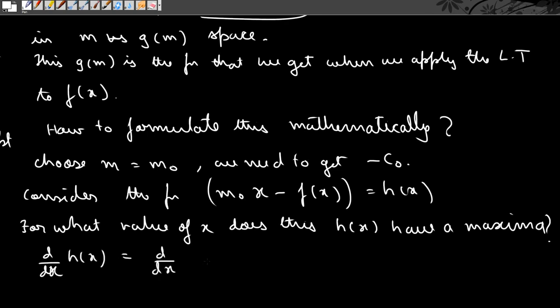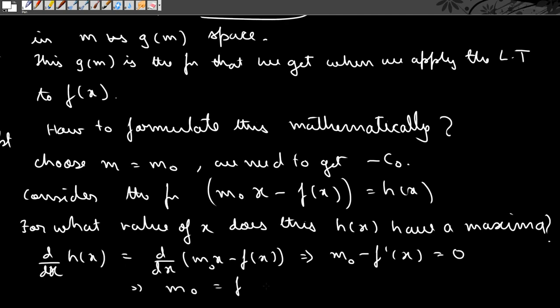So that is d by dx of mx minus f of x, which implies m minus f dash of x should be equal to 0, m naught in fact, which means m naught should be equal to f dash of x, for h of x to be maximum.